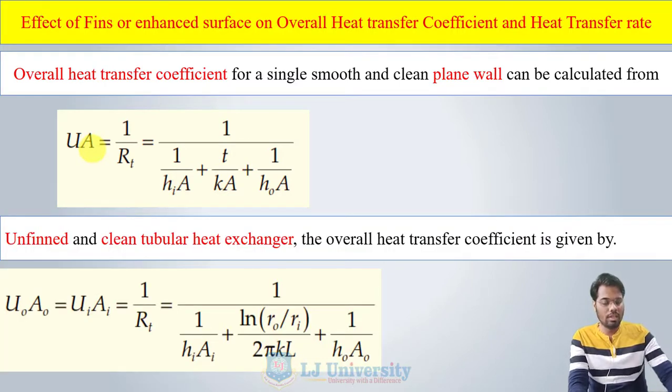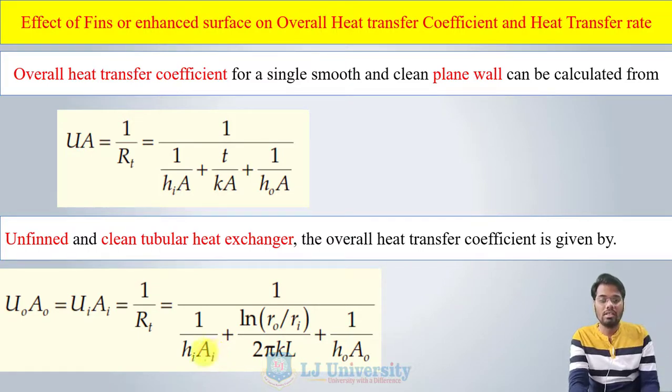But for the circular tube unfinned, where there is no use of fin, the equation would start with 1 upon hiAi, which is the convection resistance from the hot fluid to the inner surface of the tube, because there is a change in area according to the radius, or according to diameter, in the case of a tube.